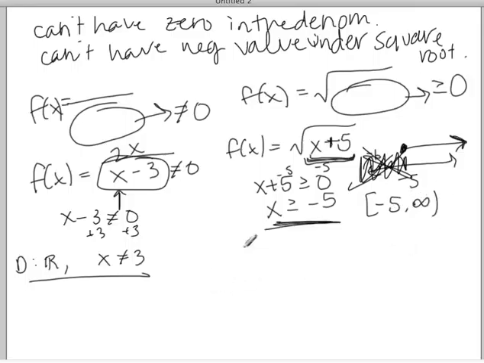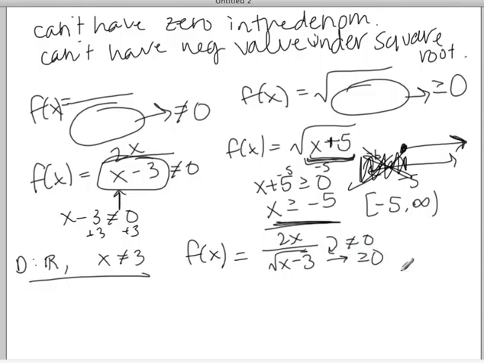Alright, but some of them are a little bit more difficult, so let's look at one of those. If we have f of x equals 2x over the square root of x minus 3, now we have two things we have to worry about. It's on the bottom, so it can't equal 0, but it's under a square root, so we have to make sure it's greater than or equal to 0.